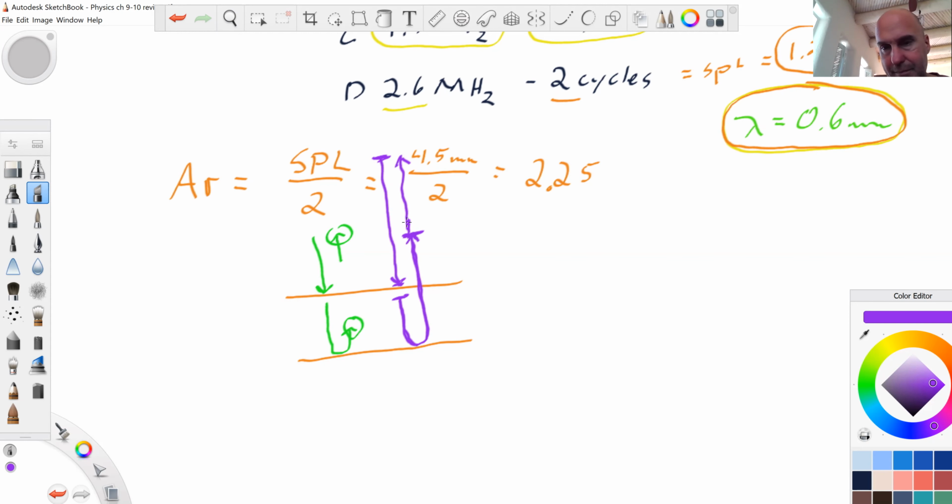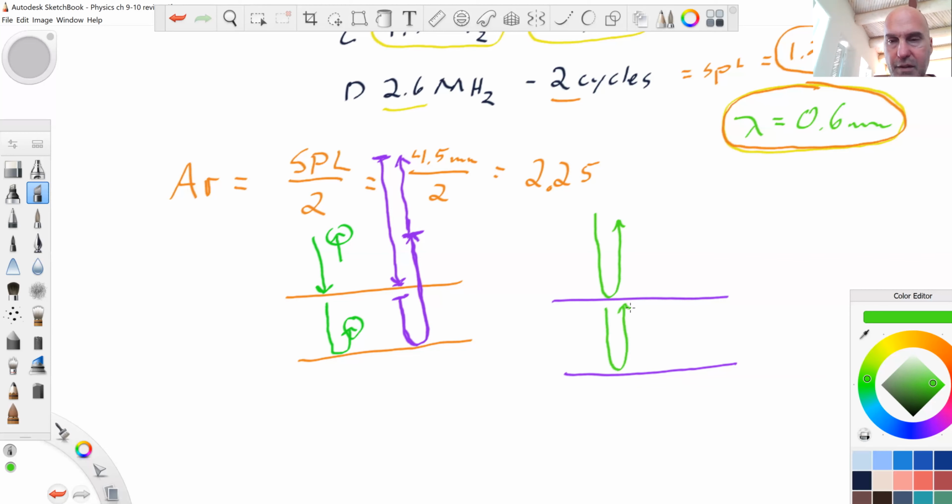You know how some people draw it. Let me just do this one more time. Sorry about this, guys. I'm just thinking on my feet here, and some people draw it like this. I don't know if that makes more sense. As this one is going along, and this one's coming through, this is basically an incident beam.